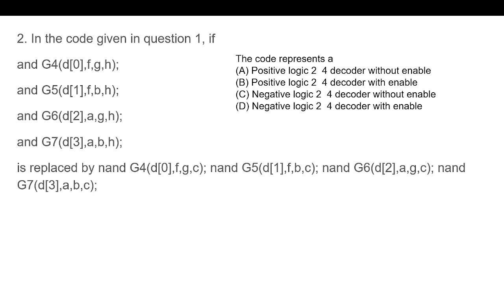And then this is another question. As you asked, if I replace these AND gates with NAND gates, then what will the code represent? We have already seen that enable is there because the enable bit is H, and as we have seen, it is a negative logic, so it should be D. Any doubts?